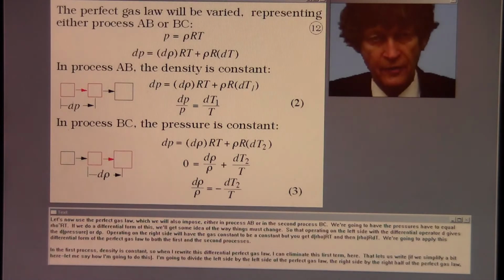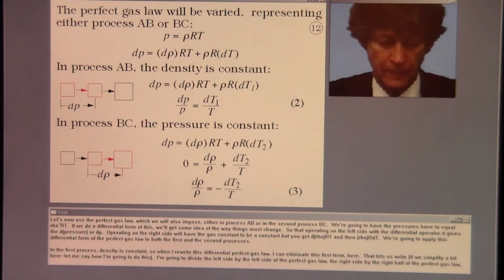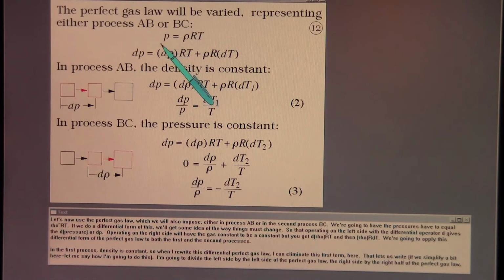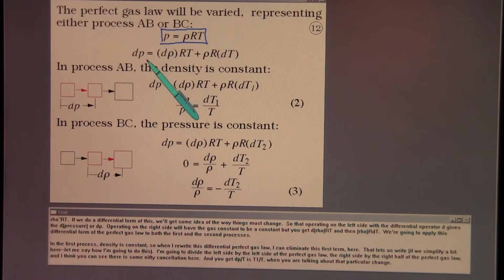Let's now use the perfect gas law, which we will also impose. Either in process AB or in the second process BC, the pressure has to equal rho RT. If we do a differential form of this, it'll give us some idea of the way things must change.